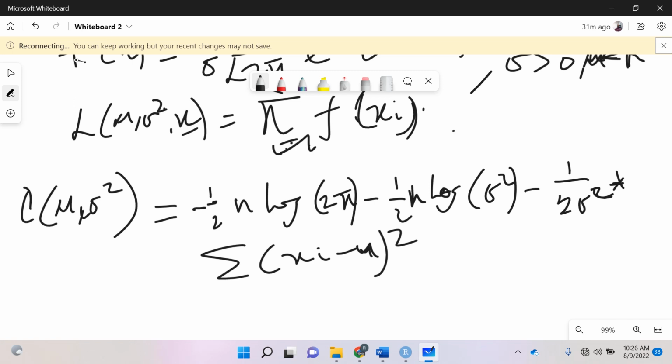Okay, so that's our log likelihood. So this is what we are going to program in R. So we'll have maybe 0.5 times n log 2 times pi, because pi in R is pi. Then minus n times log sigma squared, minus this, and then we sum the squared differences. So that's how we're going to do it in R.